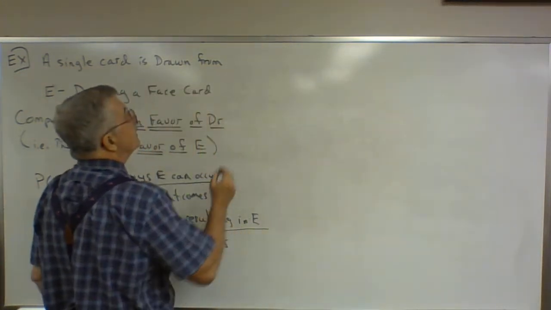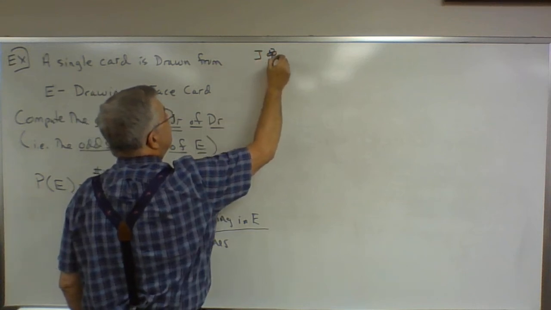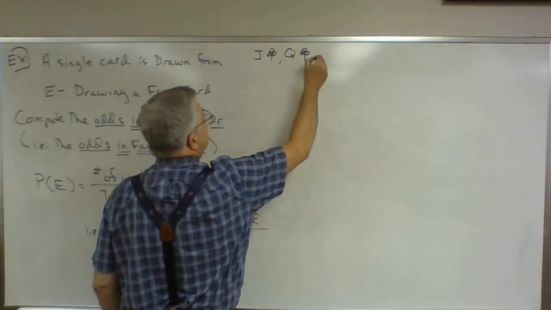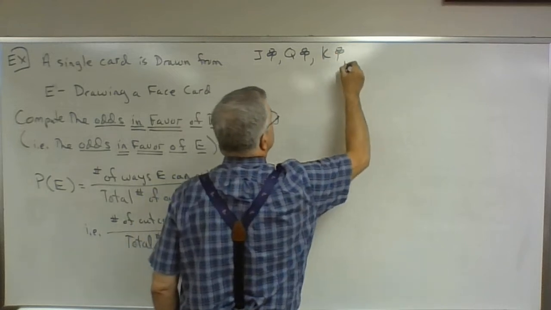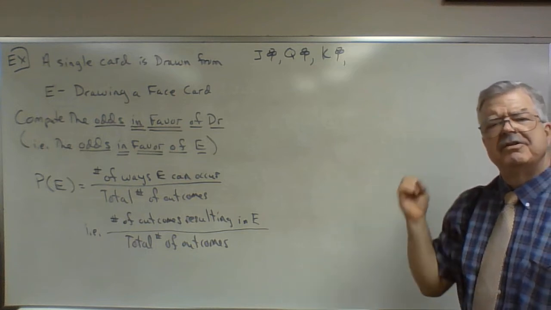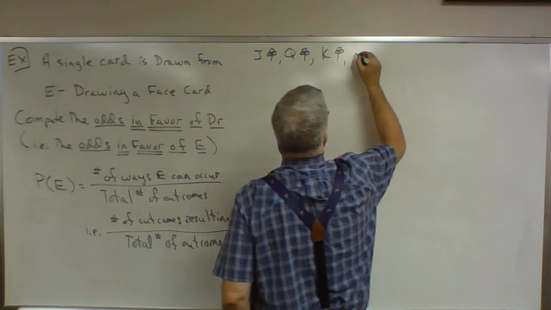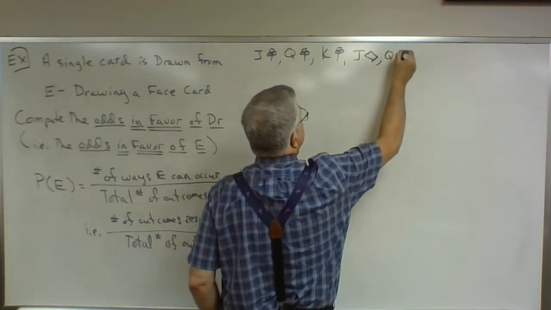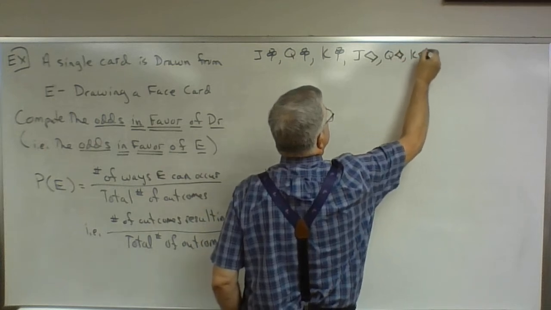Well, let's say Jack of clubs, Queen of clubs, King of clubs. That's all the clubs. Then there's diamonds: Jack of diamonds, Queen of diamonds, King of diamonds.